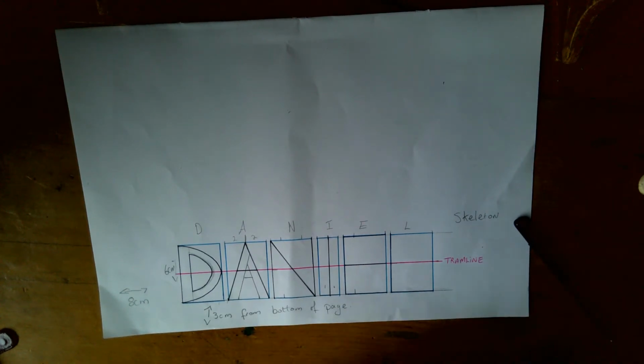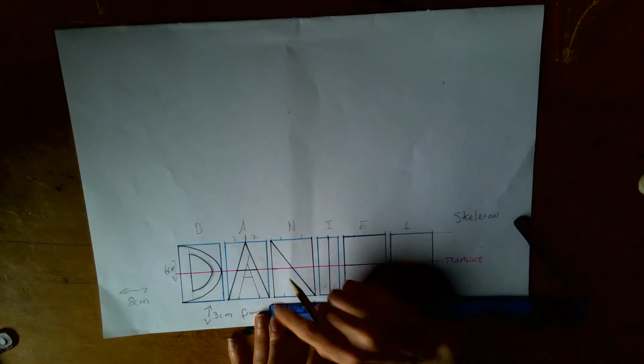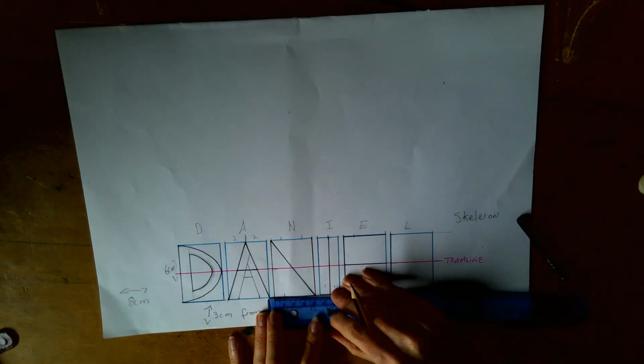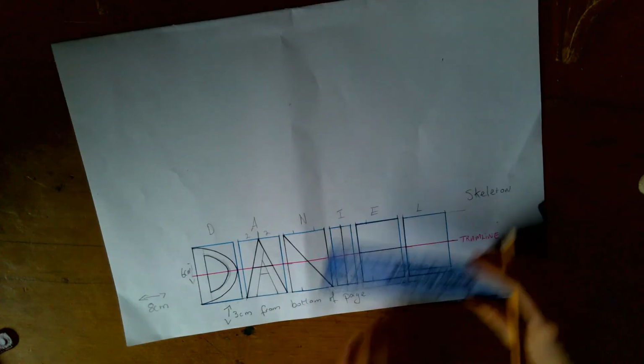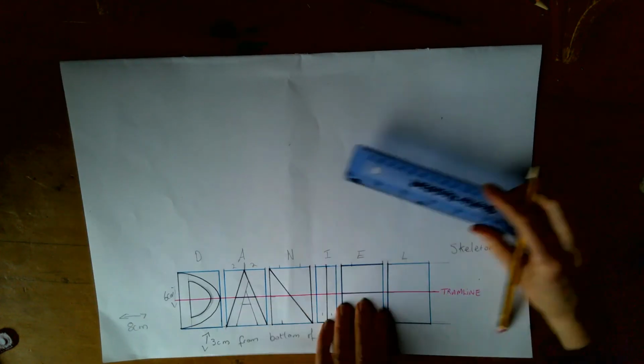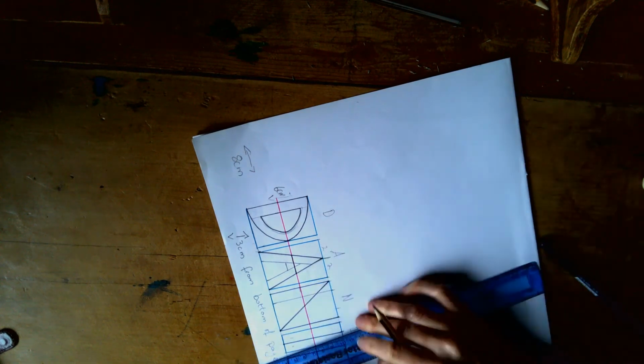And the N, again, this part here, where my N is going to be, I'm going to mark 1 centimeter in width. And I've marked the top and bottom so that I can make sure that it's dead straight. Okay, and I'm going to do the same over here.